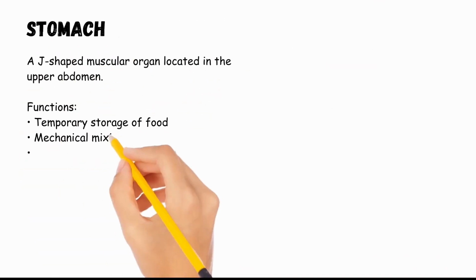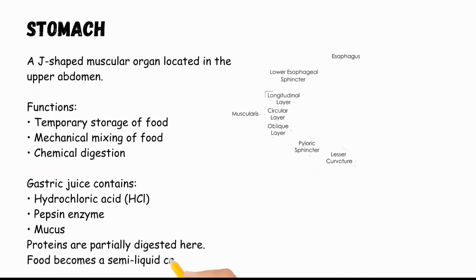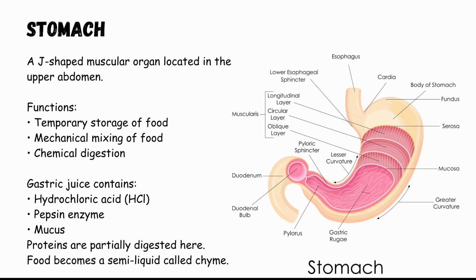The stomach is a J-shaped muscular organ located in the upper left region of the abdomen. It serves as a temporary storage site for food and plays a major role in digestion. The stomach performs both mechanical and chemical digestion. Mechanical digestion occurs through strong muscular contractions that churn and mix food with digestive juices.